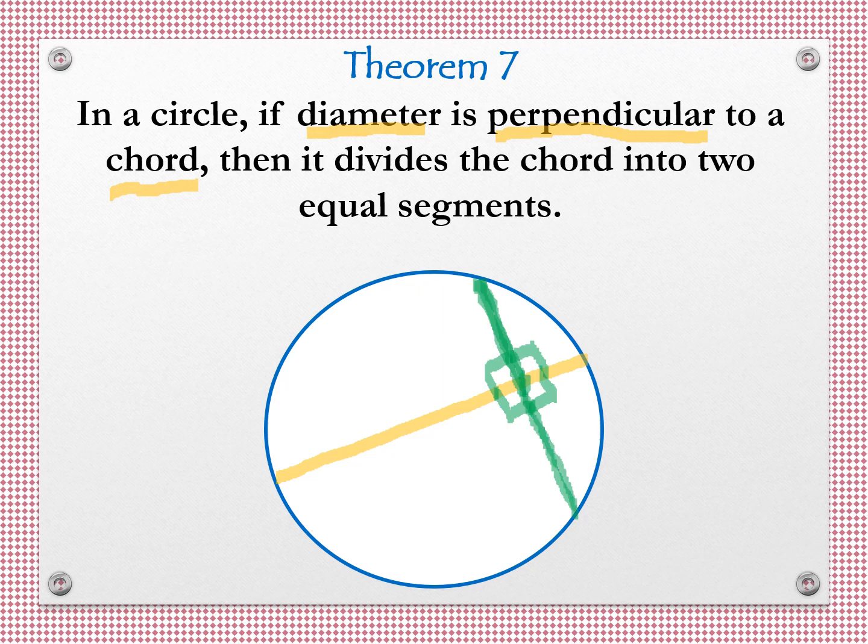So if this length is equal to 4 units, then the other half length is also 4 units. That's the illustration of this theorem. I hope this is clear and you understood the illustration.